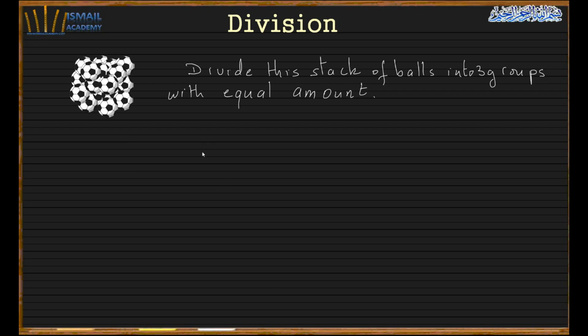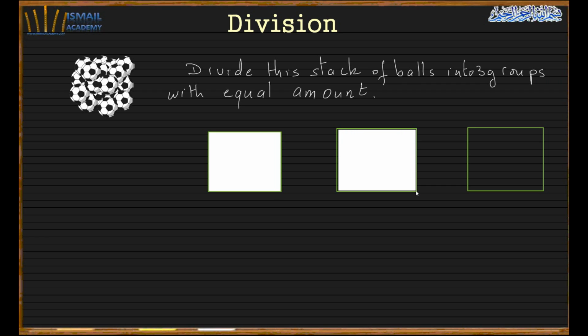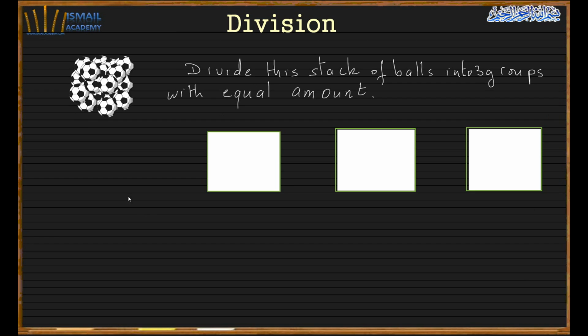I'm going to get 3 boxes, and I'm going to hide the inside of the box because I need it for the end. And what I'm going to do next, I will use the concept of subtraction.